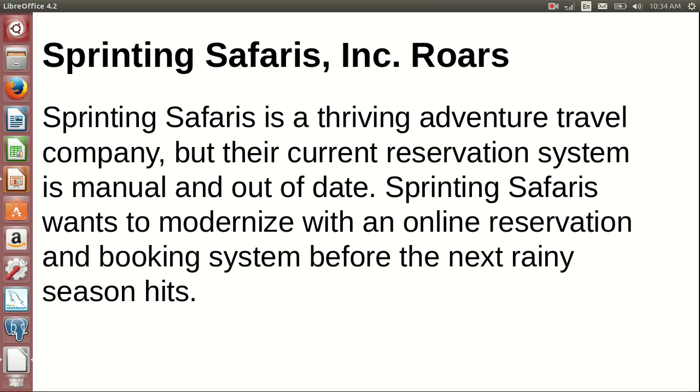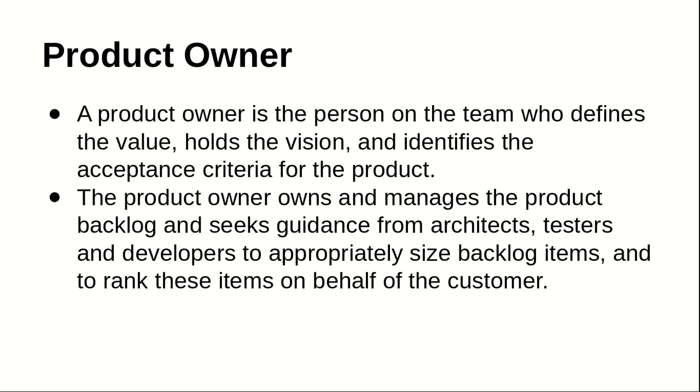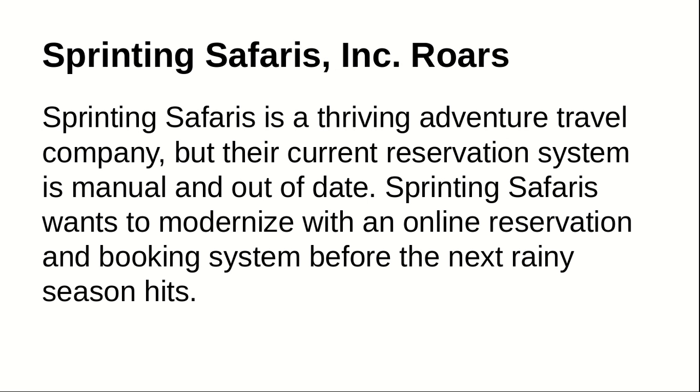They have a booking system which is pretty old, and they want to modernize that system to a new platform where online booking and online payments are happening. This is a very typical example of a requirement which comes to us, right?